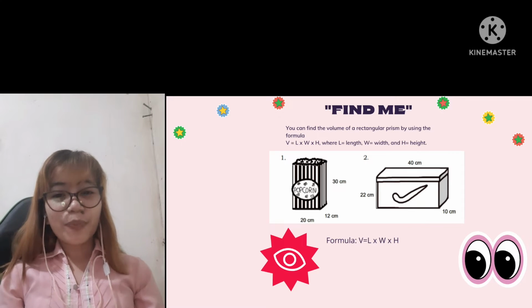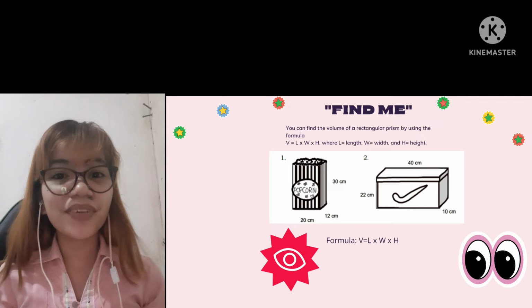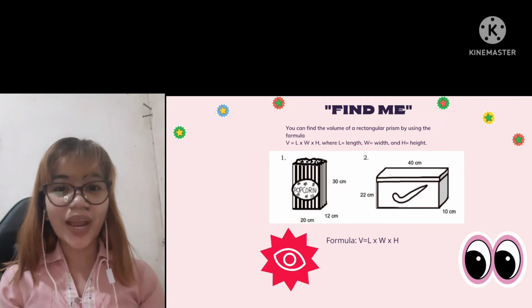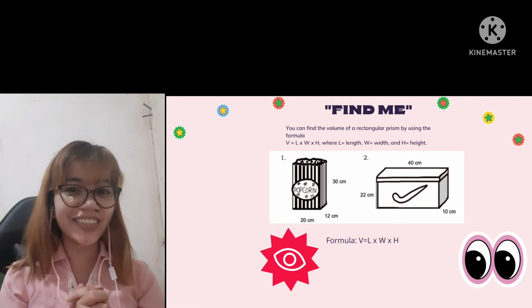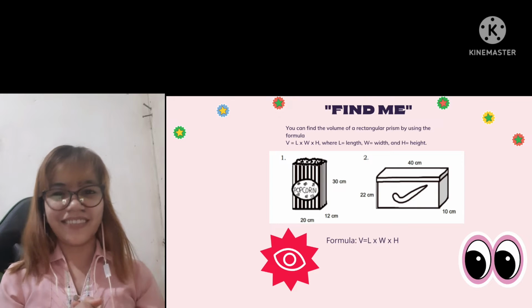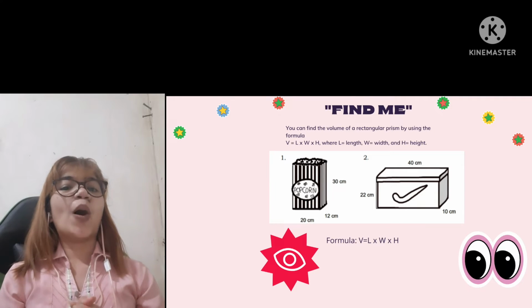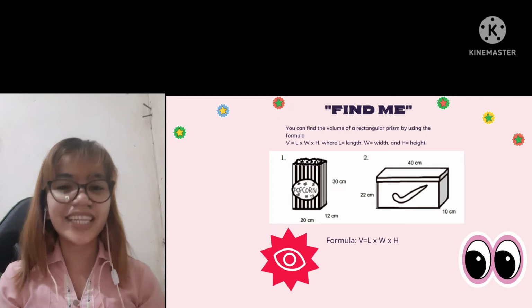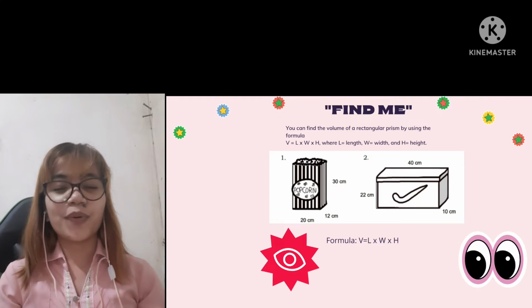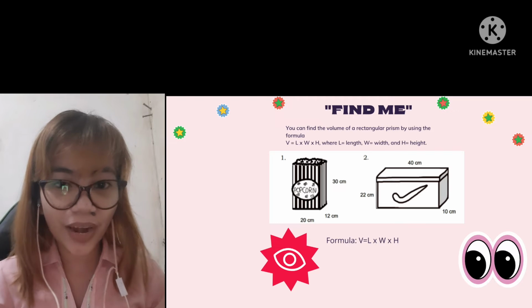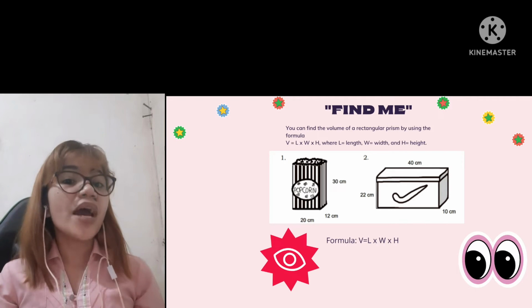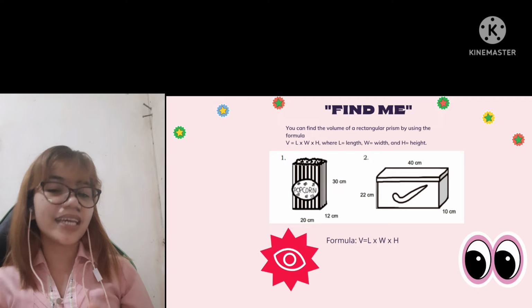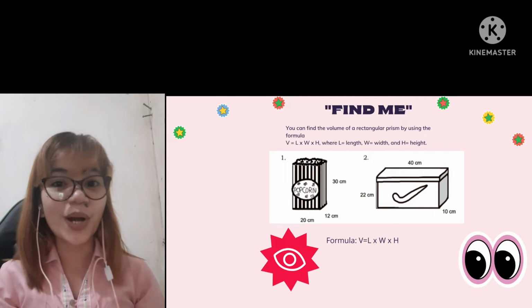Wow, I'm surprised that almost all of you got the correct answer. So how did you do that? You followed the formula the teacher posted on your screen. Let me show you the correct answer, students, so everyone who didn't get it will also know how to solve it.